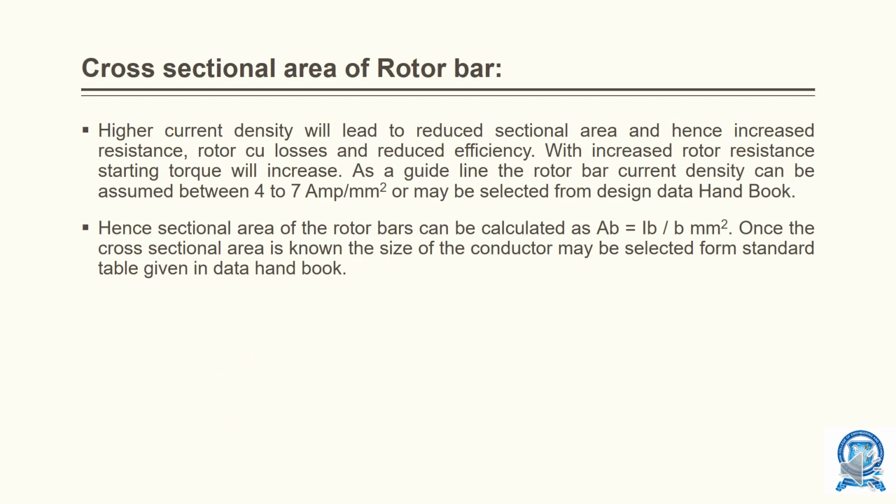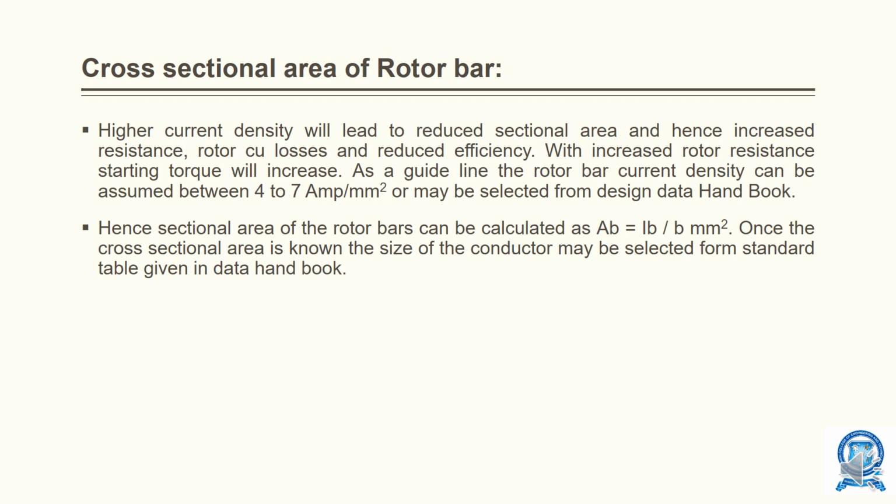Cross-sectional area of rotor bar. Higher current density will lead to reduced sectional area and hence increased resistance of rotor, copper losses and reduced efficiency. With increased rotor resistance, starting torque will increase. As a guideline, the rotor bar current density can be assumed between 4 to 7 amps per millimeter square or may be selected from design data handbook.